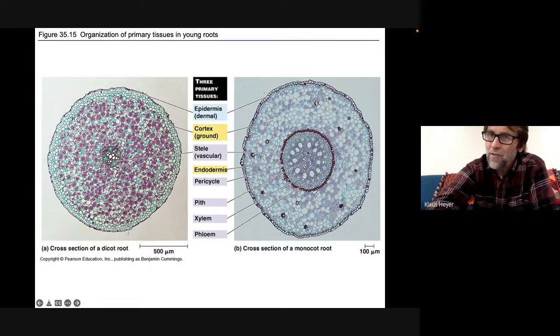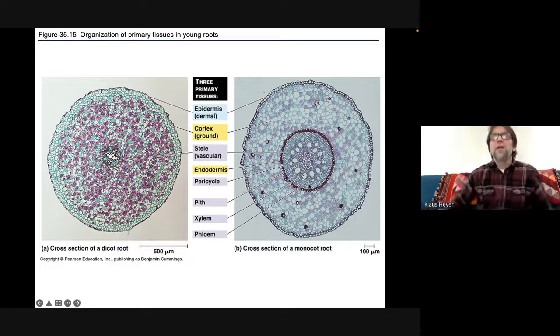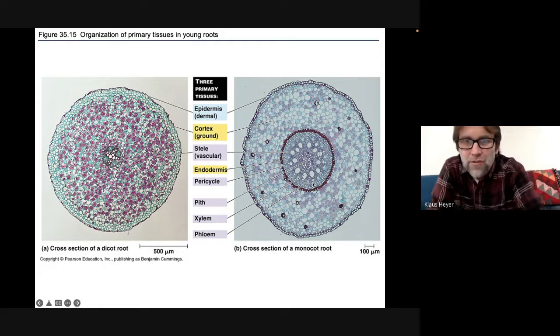It looks like one layer of round bubbles. Sometimes there's two there, but it's pretty much one layer. That's the dermal tissue. Here's the vascular tissue. And you always can tell the vascular tissue because you see those big circles. That's xylem. And then phloem's going to be external to that.